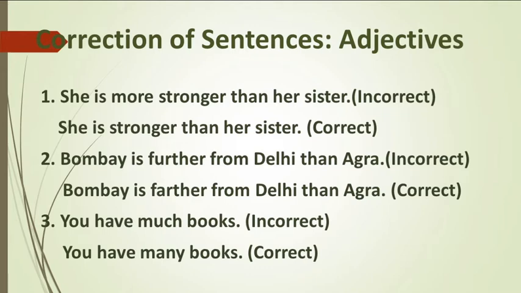Third example: You have much books. You have many books. So here, you have many books is the correct one because we use many with countable nouns. So many is the correct one and not much.